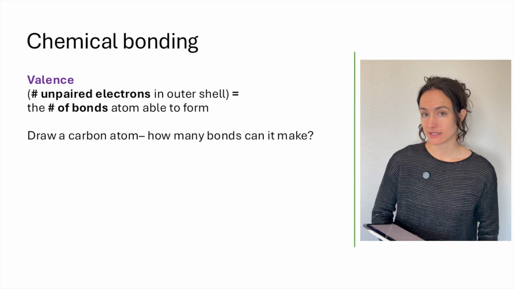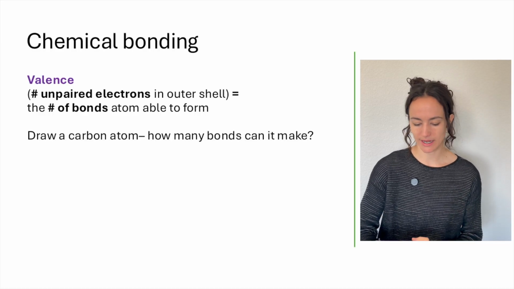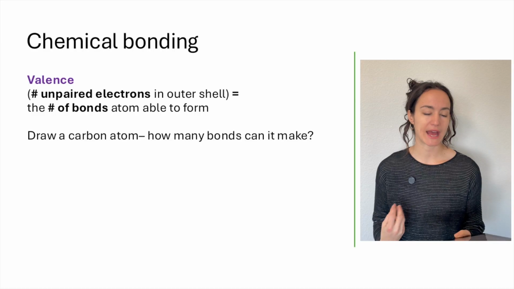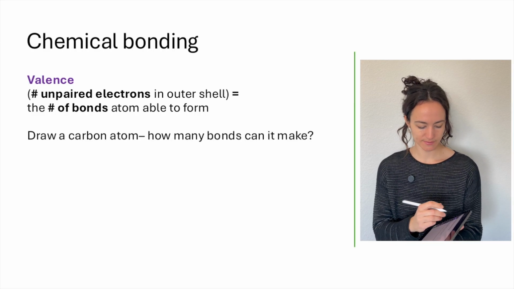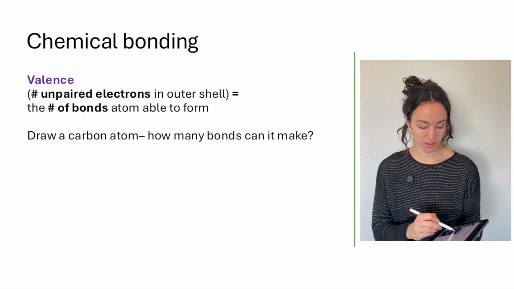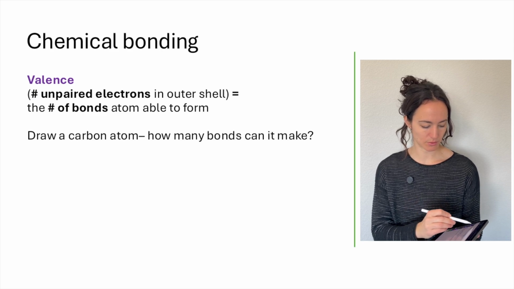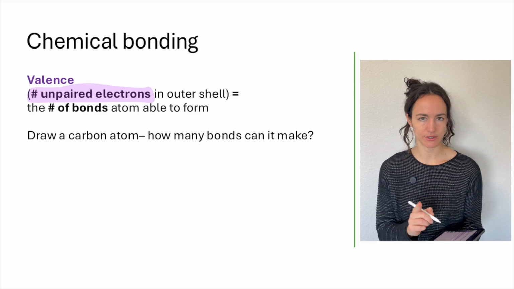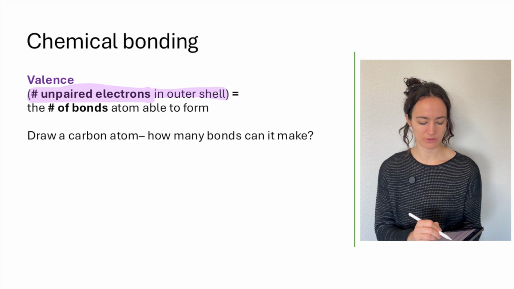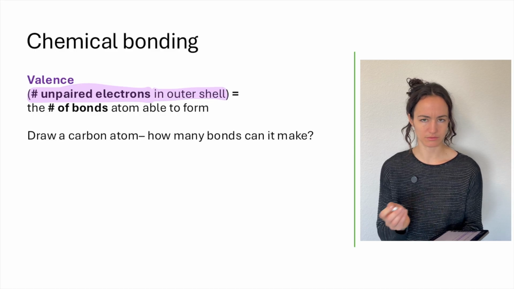So we mentioned valence, and you probably caught on to this by now, but valence helps explain how many bonds an atom is willing to make. So valence itself, the word alone, this is a tricky one, okay? The word valence is the number of unpaired electrons in the outer shell. And I'm sure some of you are like, I thought you told me it just was the outer shell.